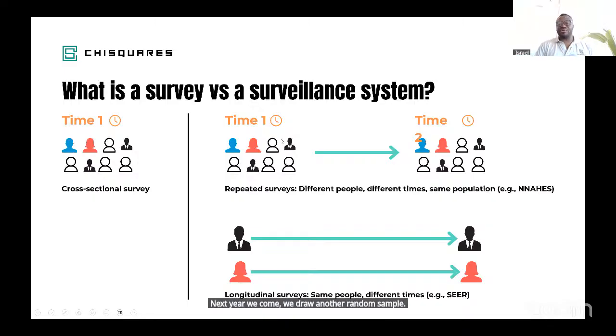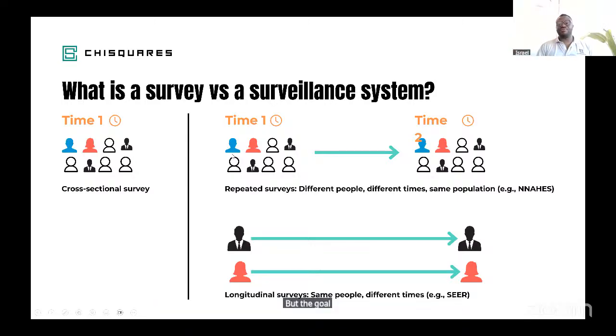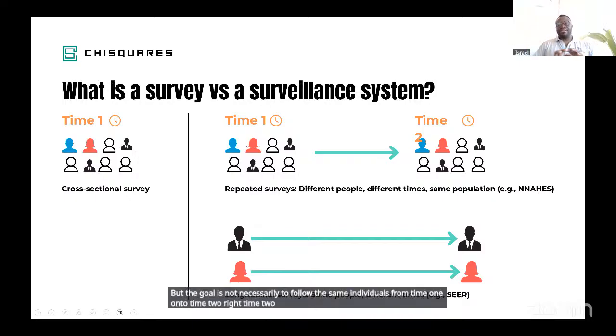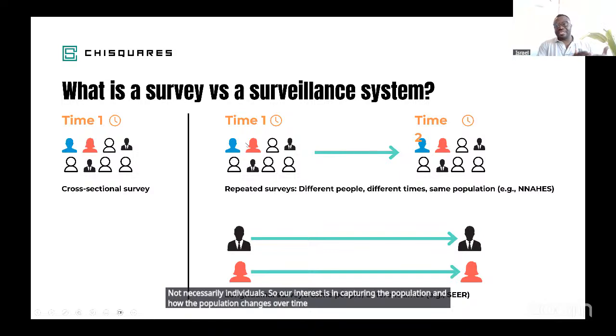Now, some individuals in the second sample may have been in the first sample, but the goal is not necessarily to follow the same individuals from time 1 to time 2. The goal is to capture the population and follow the population over time, not necessarily individuals.